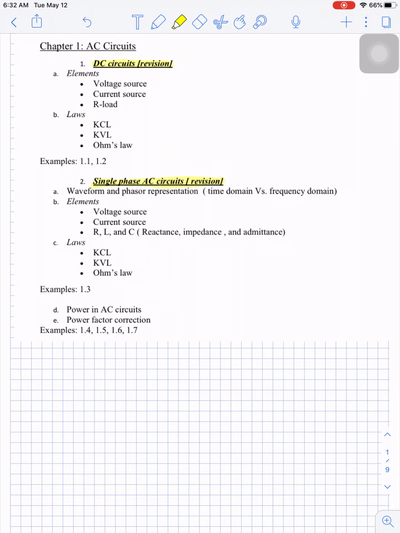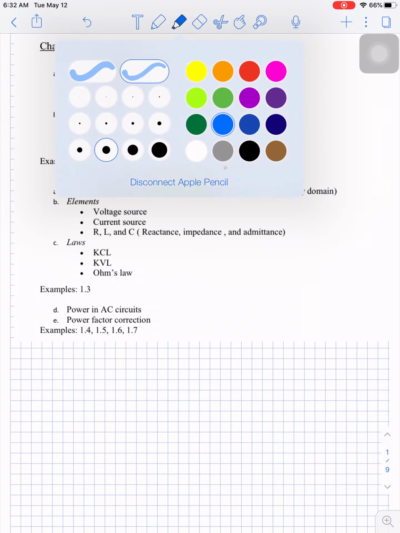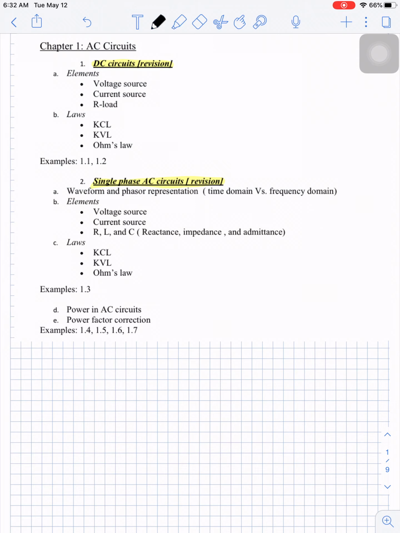In DC circuits, we will start by reviewing what are the elements we have, what are the laws we have, then we will solve two examples, and this is what I will try to do during today's lecture, lecture 1, and then we will move forward to AC circuits. So the first part for today's lecture is DC circuits.